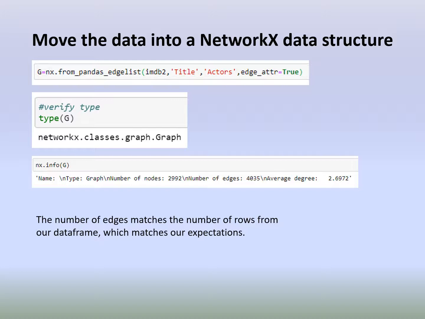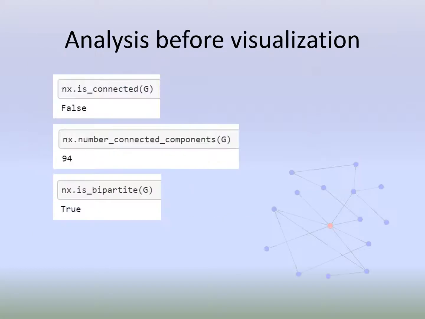And here we see the number of nodes and edges and the average degree. We do a little bit of analysis before visualization. Here we see there are 74 connected components in this network, and this is a bipartite network.